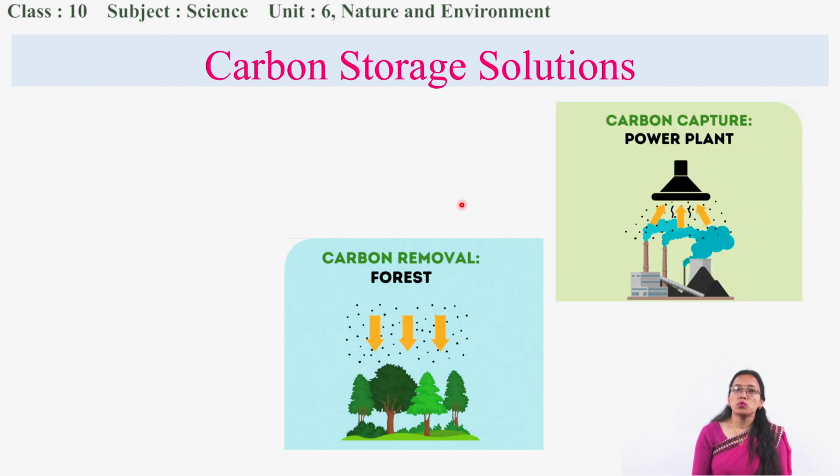Carbon storage solution. That means if carbon dioxide is emitted, or a large amount of carbon is emitted into the environment, we have to store that. How to store? The main way of storing carbon is that the carbon dioxide released from the industries should be trapped in their surroundings only, by using a carbon capture power plant.